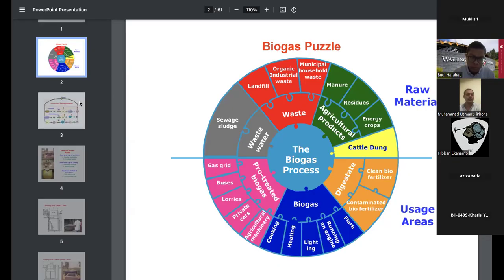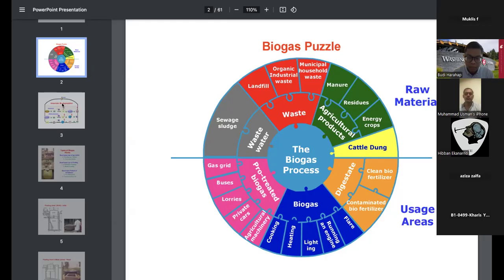So most of the countries, that is why, have banned the usage of digested sewage sludge as a fertilizer, but most of the developing countries are still using it as a biofertilizer. These are the two basic products, but nowadays biogas has a very common use, especially in Europe. It is being upgraded.